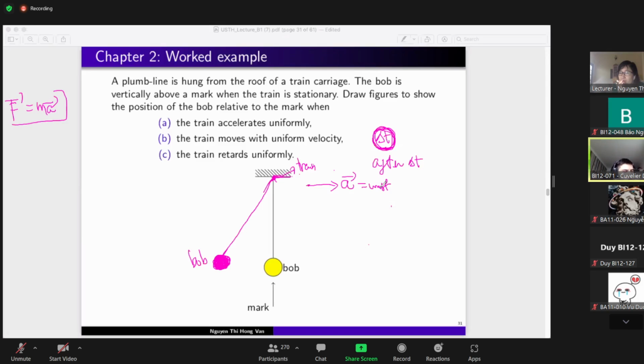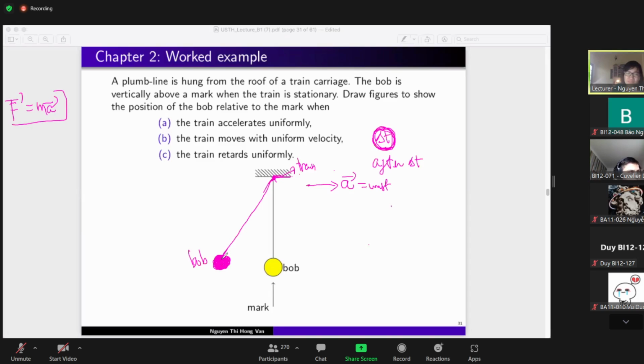But if it continues, as you said, to accelerate constantly, the bob should always be not in the same position, but in a relatively similar position. Normally, I think. Not sure. I suppose that's how it is. It should stay in the same position if it continues to accelerate.